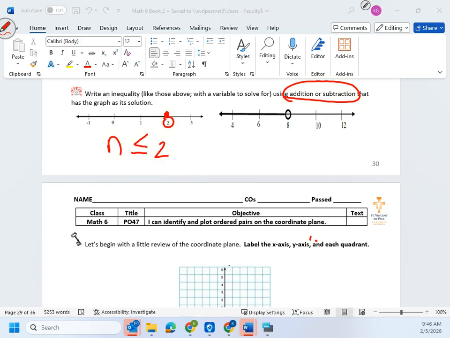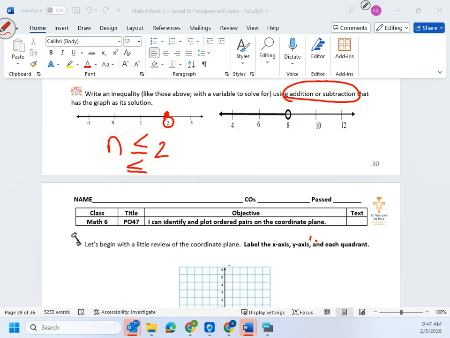Adding or subtracting. So how could I write that? I'm not going to put 2 down here, because when I solve it, it's going to equal 2. Do you have an idea, Michael?